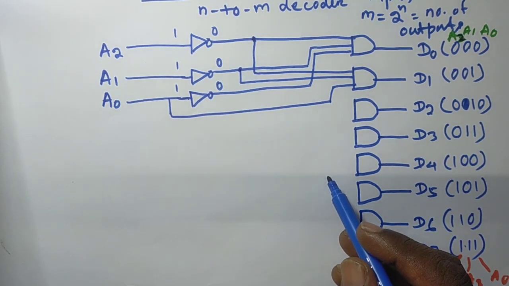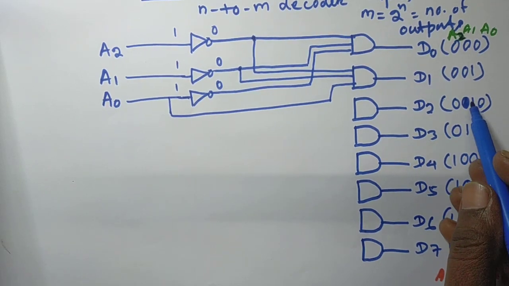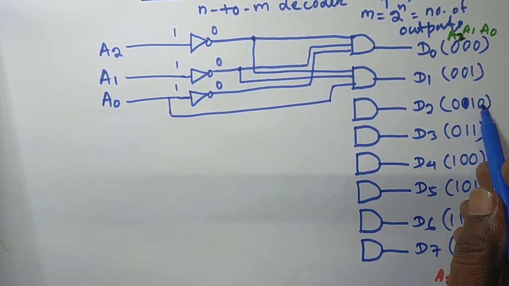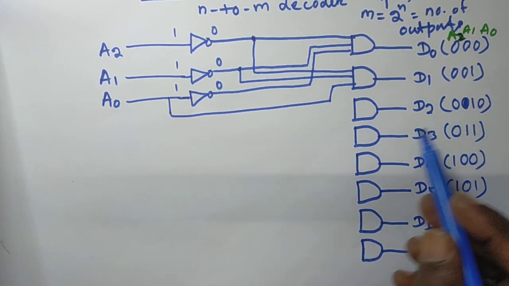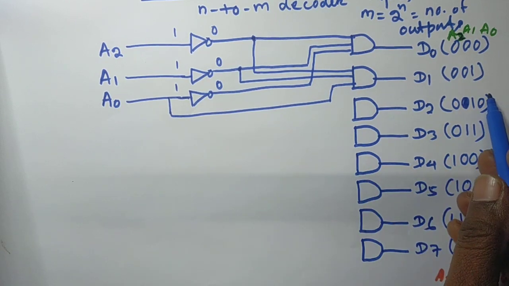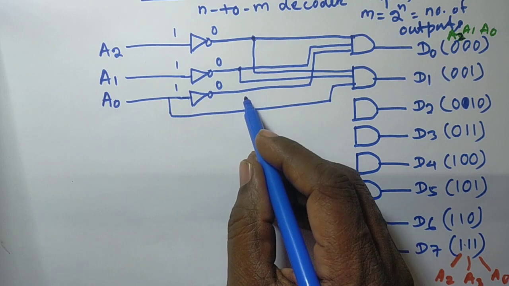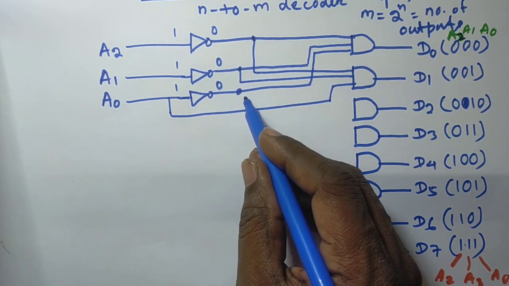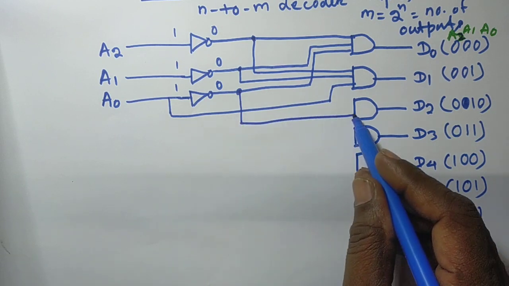Similarly, we can connect another. What is the value? A0 is 0, A1 is 1, A2 is 0. If A0 is 0, we connect A0 accordingly.